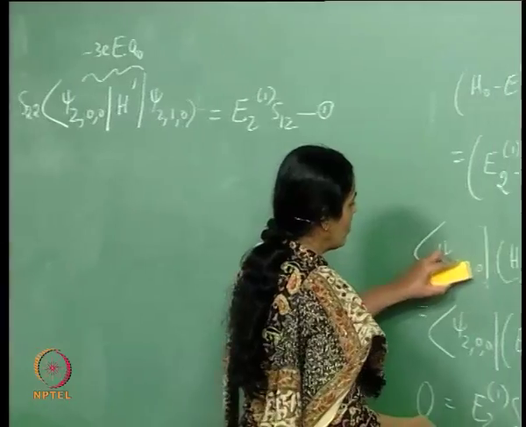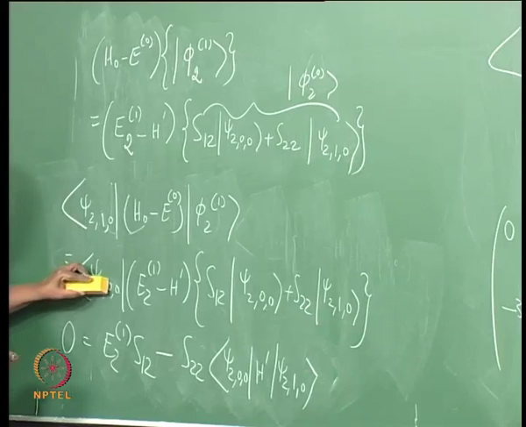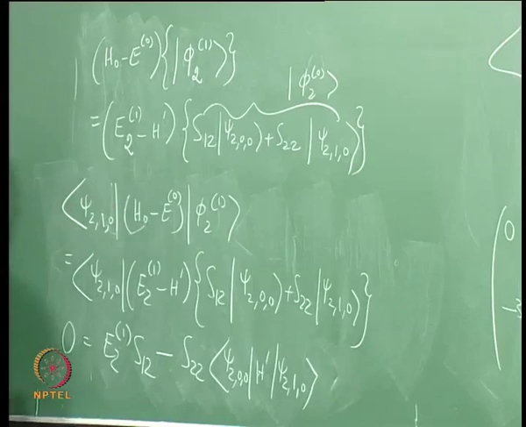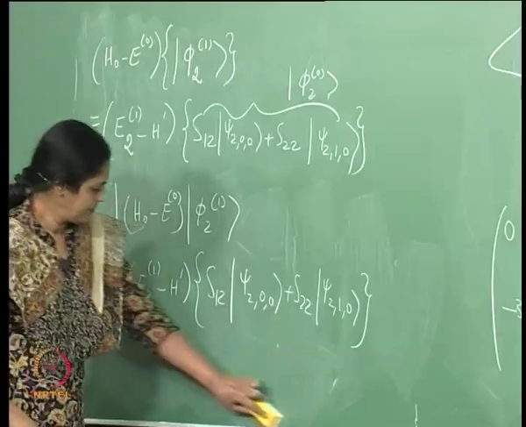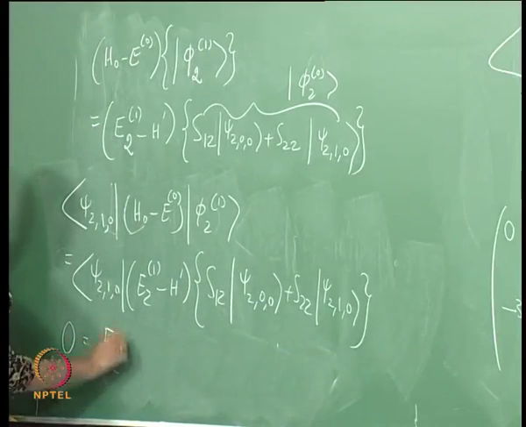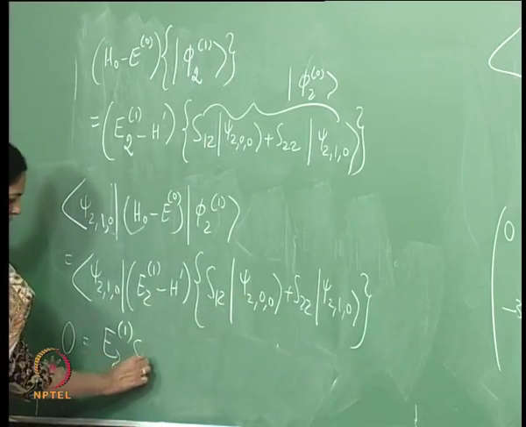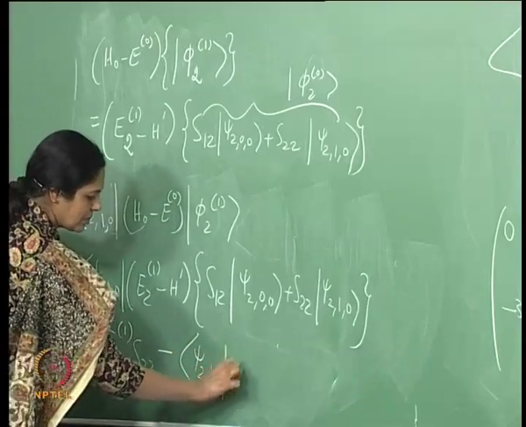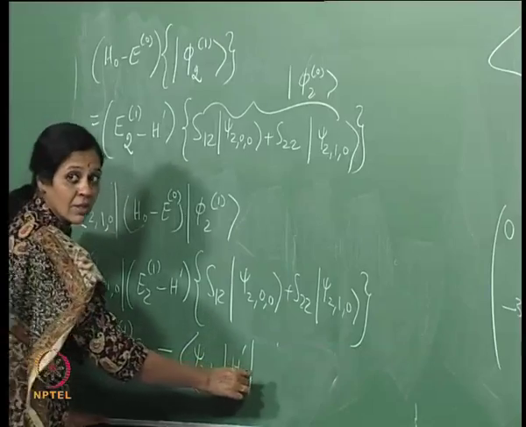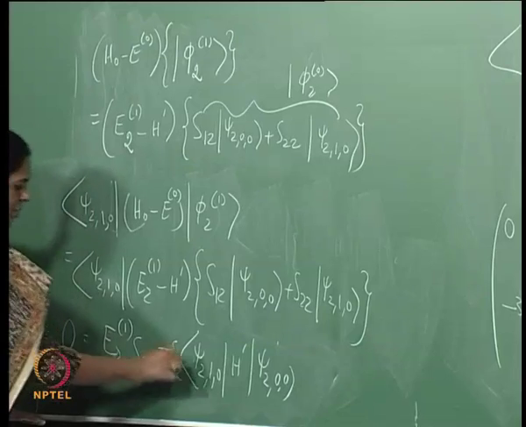Instead, I now work with bra psi 2 1 0 as before. The left hand side is 0. As far as the right hand side is concerned, I have an E21, and the non-vanishing contribution comes from here: S22 minus psi 2 1 0 H prime psi 2 0 0 with an S12.